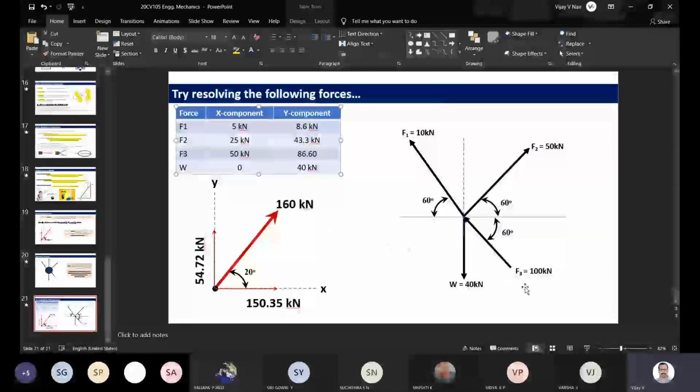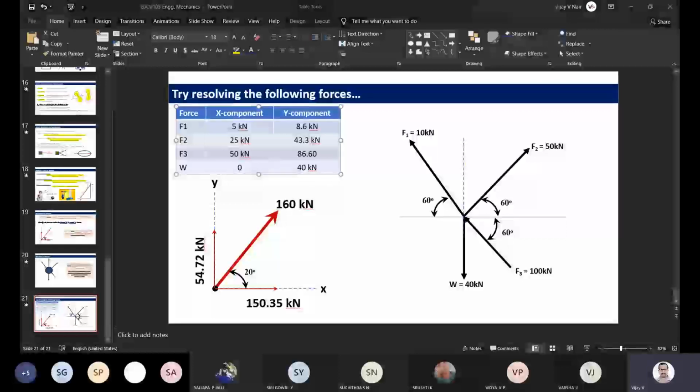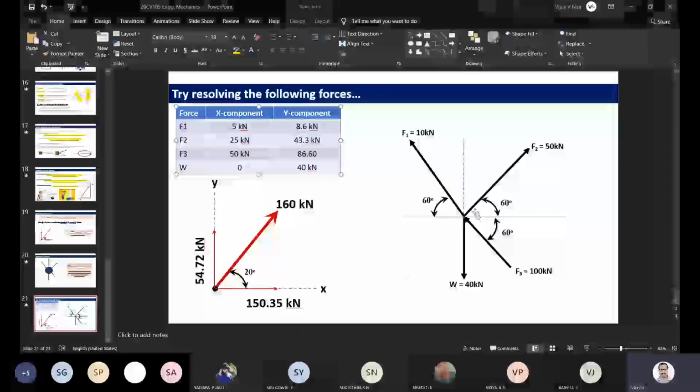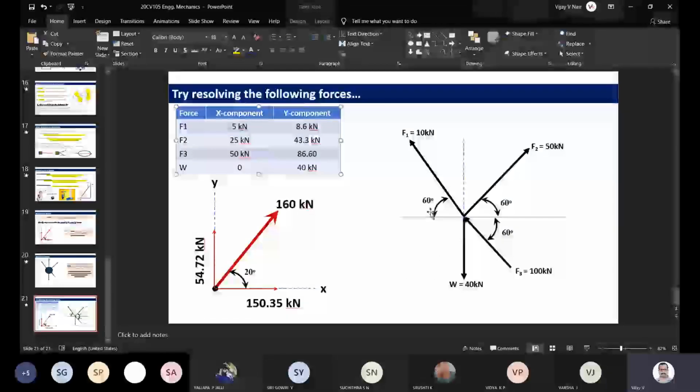Now, who told the sign convention? I could not see. Who was that who gave the solutions just now? Sir, me, Yellapa PG. Yellapa, okay, fine, thank you. As Yellapa said, the sign convention is very important.